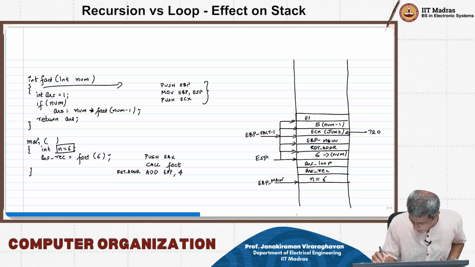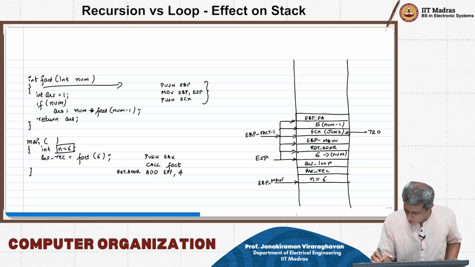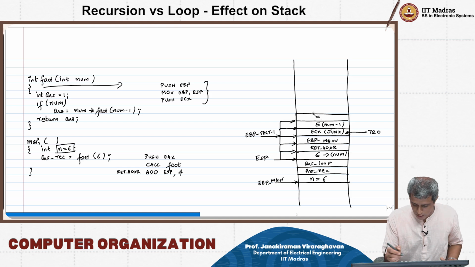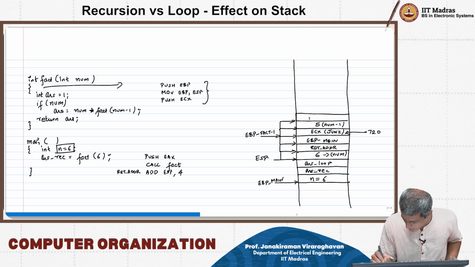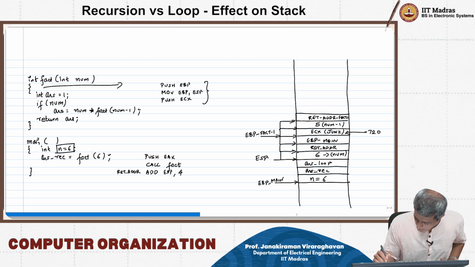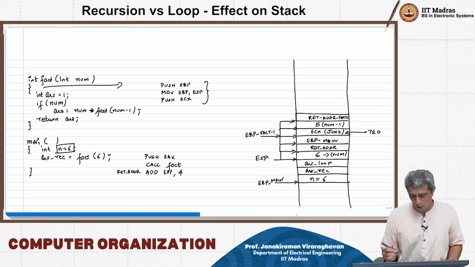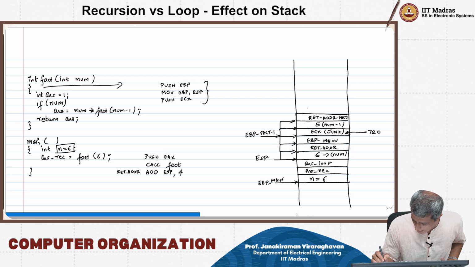So you will push EBP, and then you will push the return address. This is the return address fact 1.